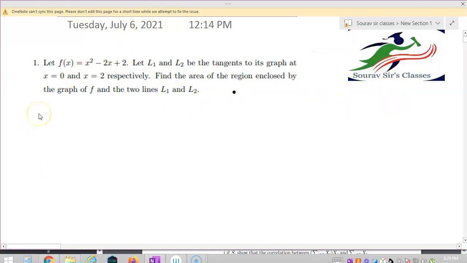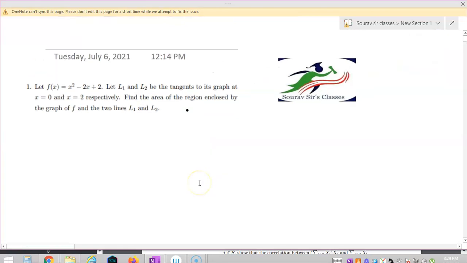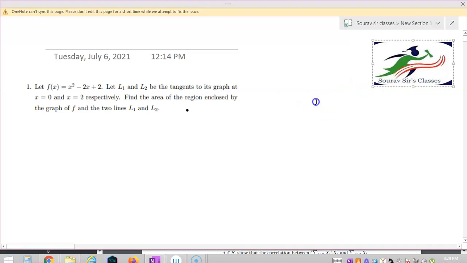First of all, I am writing y is equal to x square minus 2x plus 2, right? So first of all, we will draw the graph of this.